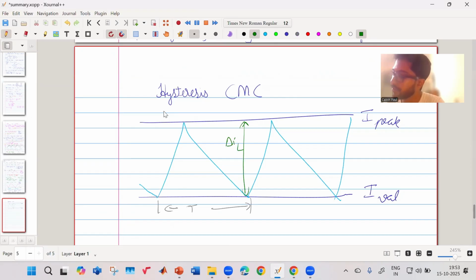You have to find out M1 and minus M2, the slopes of current, which depend on your input voltage, output voltage, etc. Based on that, you will find your time period. You have seen this in your assignment question, right?